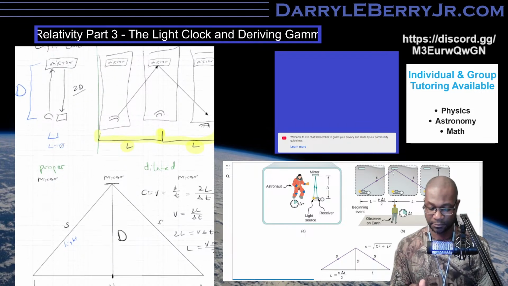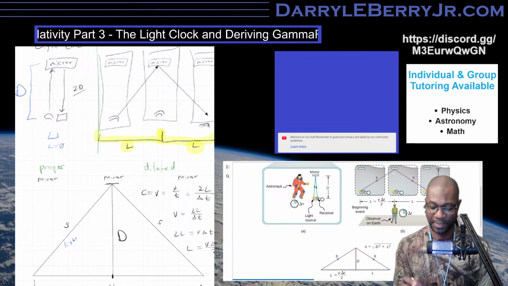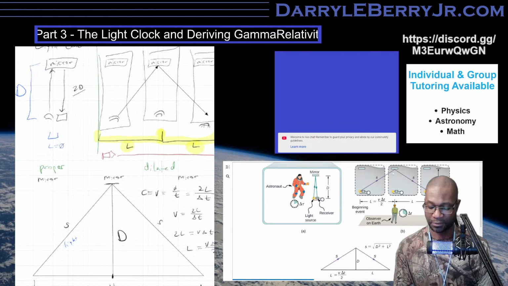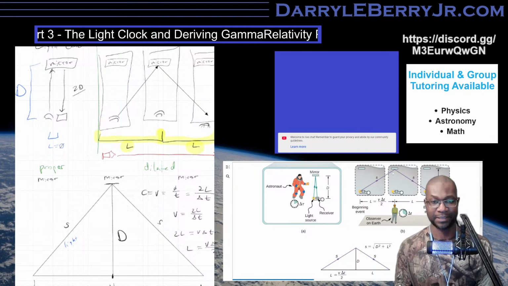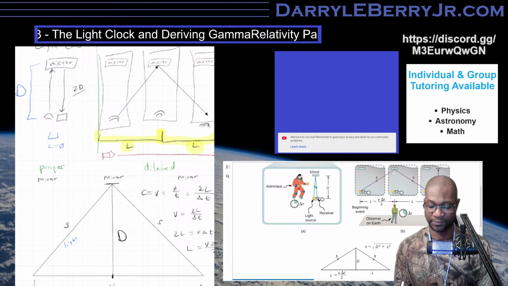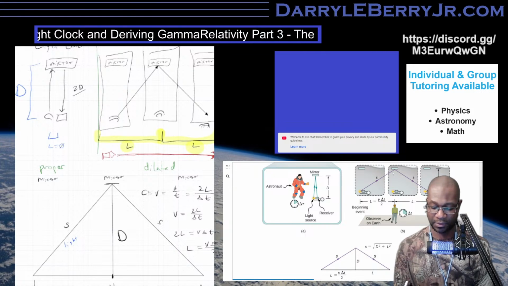And if we keep in mind that the spacecraft is actually moving along a trajectory, 2L is actually the distance that the spacecraft travels. So the spacecraft with the light clock on it actually travels a distance 2L in the time frame that we're talking about.